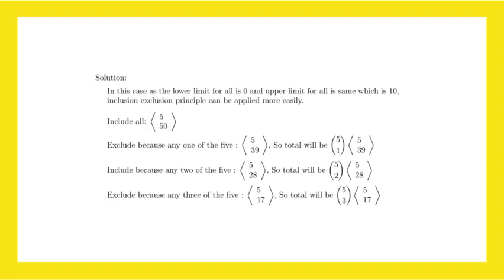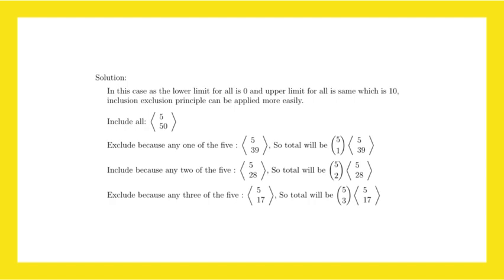We will have to subtract 5 choose 28, and how many such cases will be there? x1 x2, x1 x3, x1 x4, like that. You choose 2 out of 5, so 5 choose 2 times 5 choose 28. So this is exclusion, but then there will be 3 at a time that we are excluding unnecessarily, therefore we need to include them.